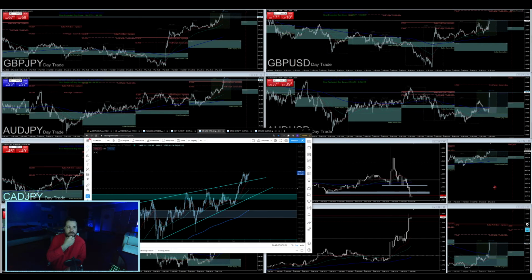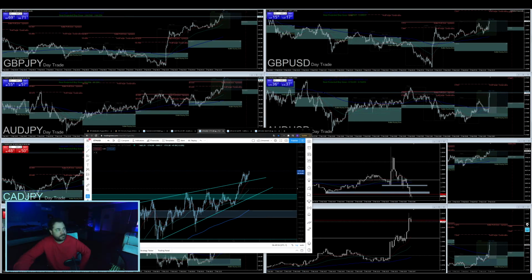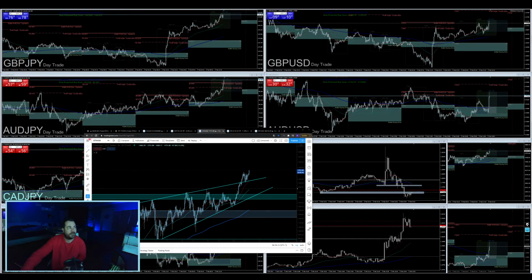Canada is still breaking support. Bitcoin's got a little bit of a pump going on. Ethereum's breaking 1700. Remember, it was just at 1200 the other day. Ethereum's still pumping.